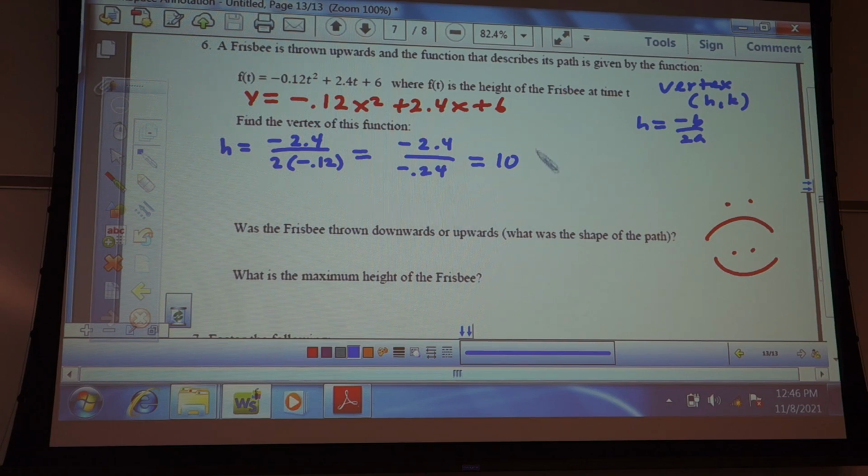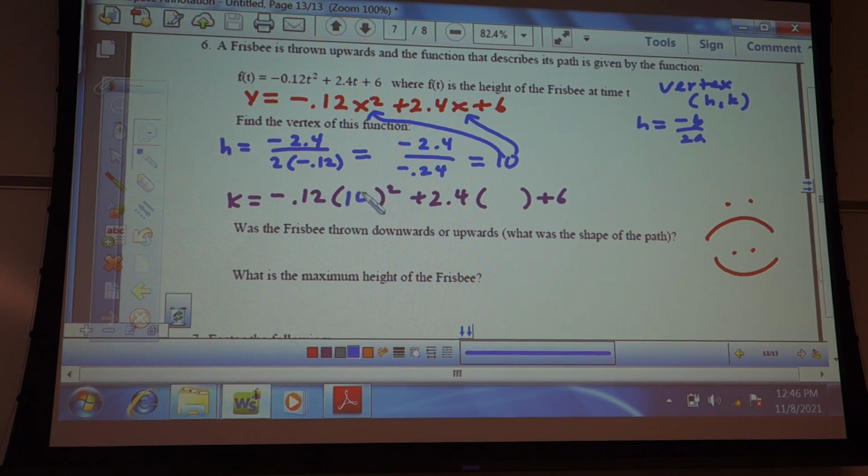And then I gotta plug it back in to here to figure out what my k is. So my k will be negative 0.12 times x squared, so I'm gonna put in 10 for x to figure out what my k is.